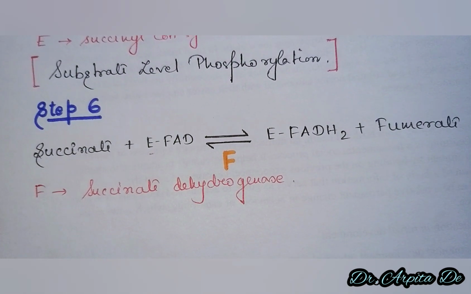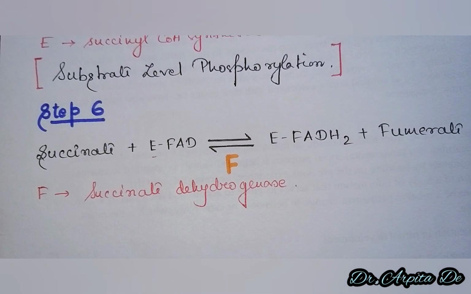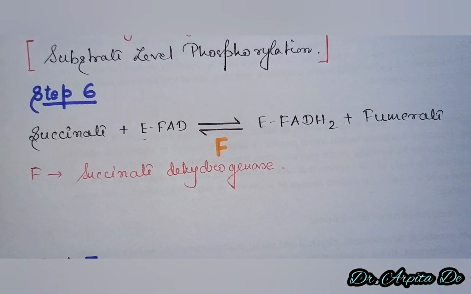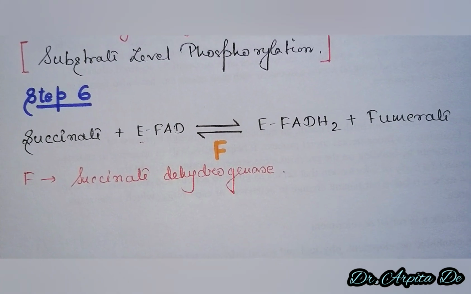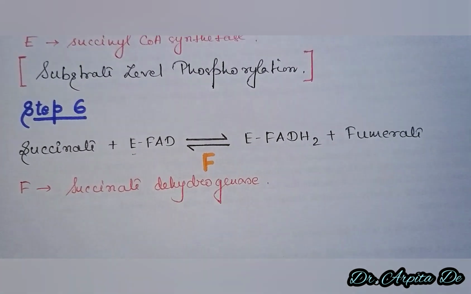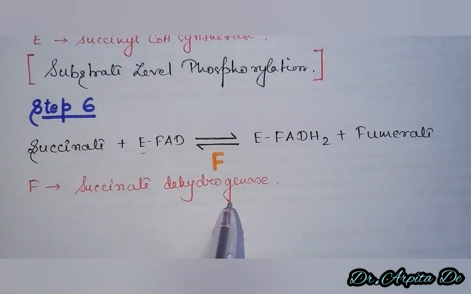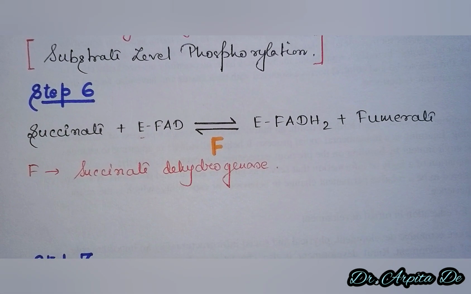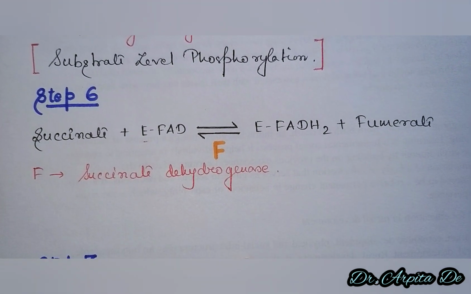This succinate dehydrogenase is also inhibited by oxaloacetate. So oxaloacetate has the potential to inhibit this particular enzyme, succinate dehydrogenase, correct?